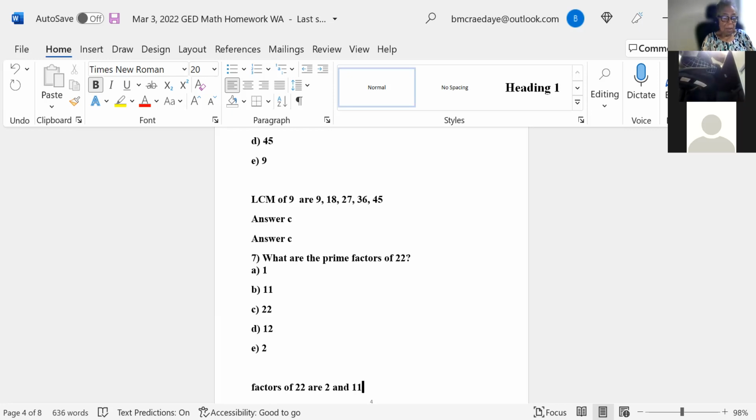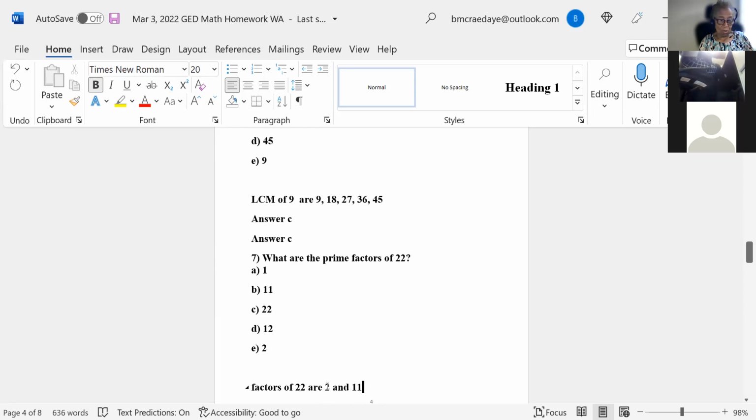Now, 2 and 11 are prime numbers, right? Because 2 cannot be factored other than 2 and 1, and 11 cannot be factored other than 11 and 1. So when you factor 22, you get 2 prime numbers, a 2 and an 11. That's what they mean by prime factors.